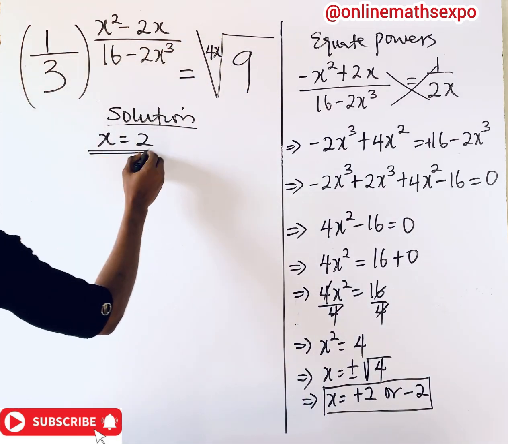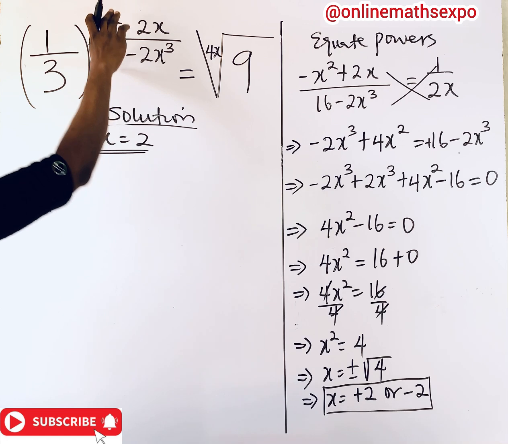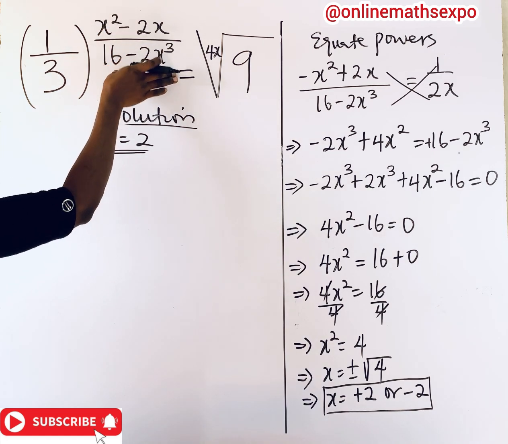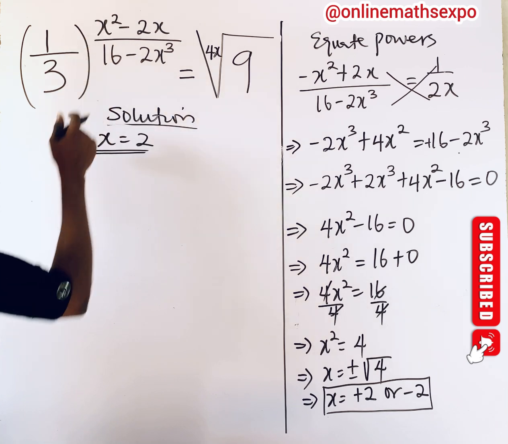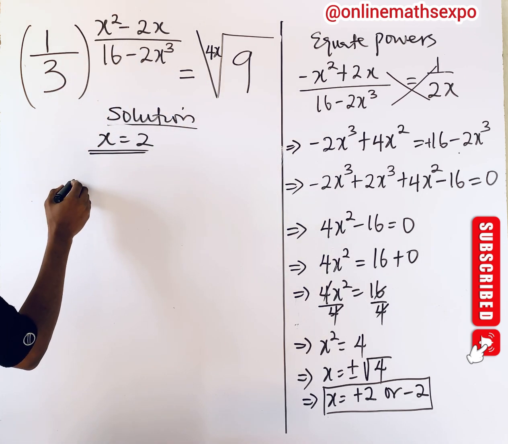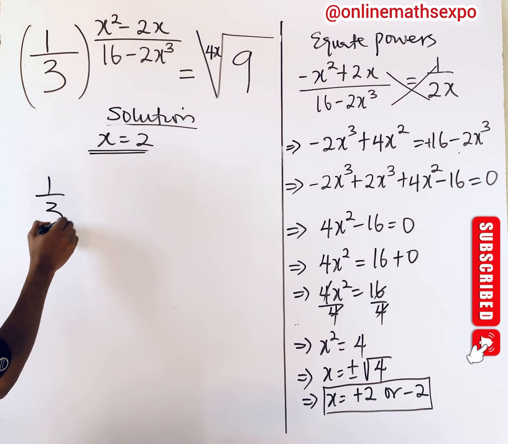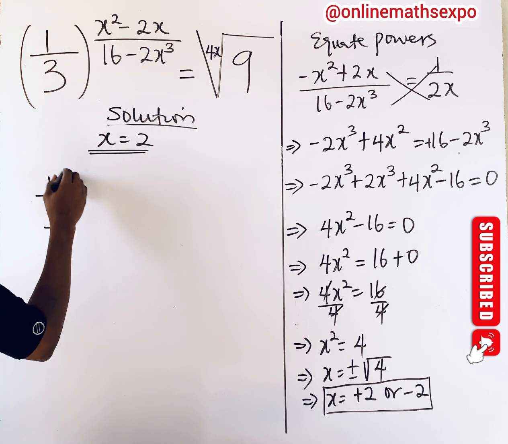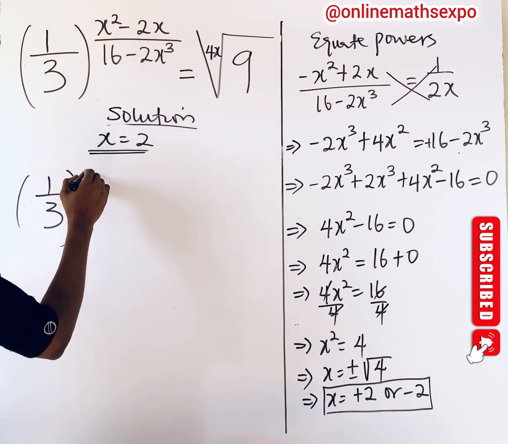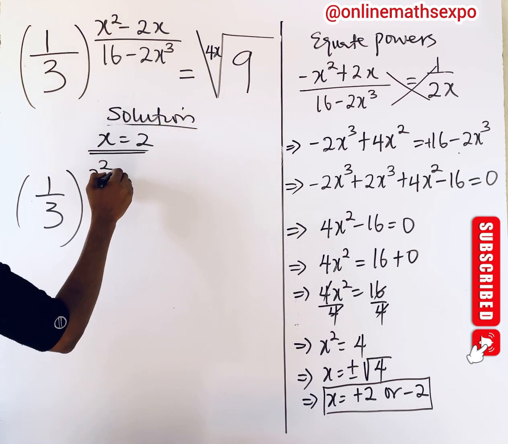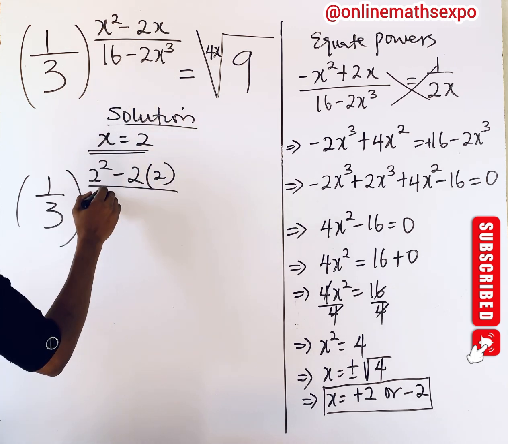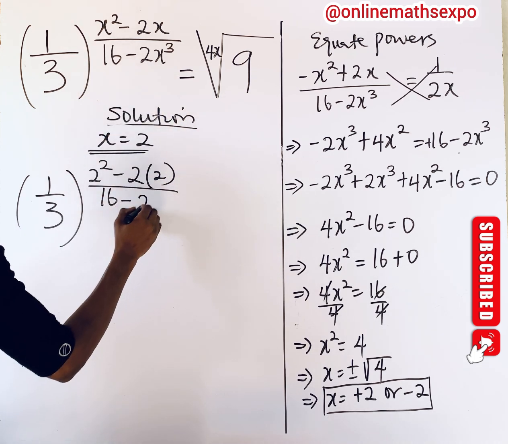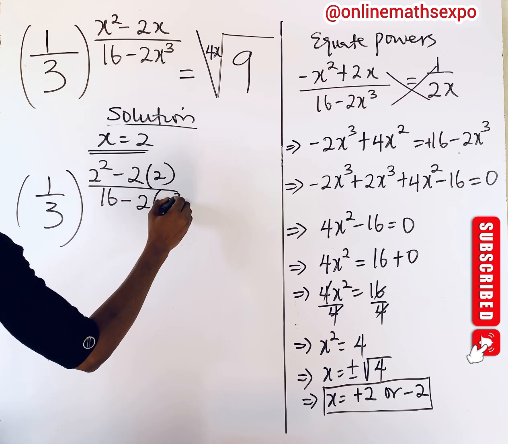So let's test for when x is positive 2. Let's put it here. Let's use the denominator to check, or we can just quickly check everything. So we're going to have 1 over 3 raised to the power of, our x is 2, so we have 2 squared minus 2 into 2, all over 16 minus 2 brackets, our x is 2 cubed.